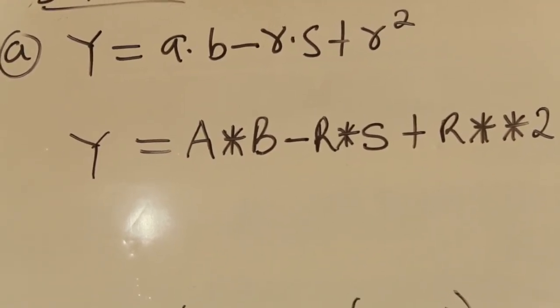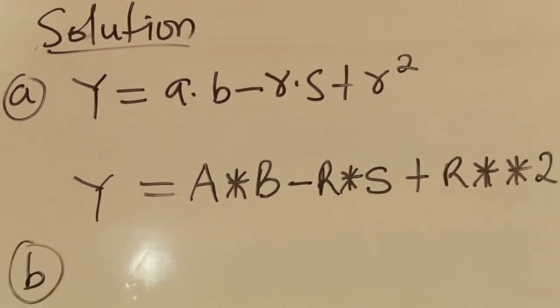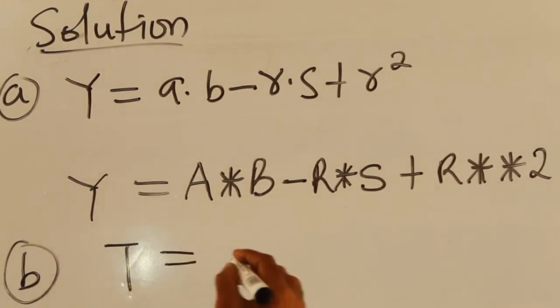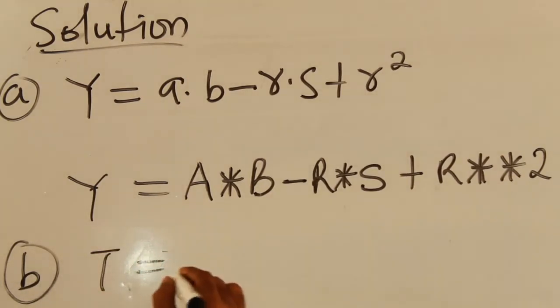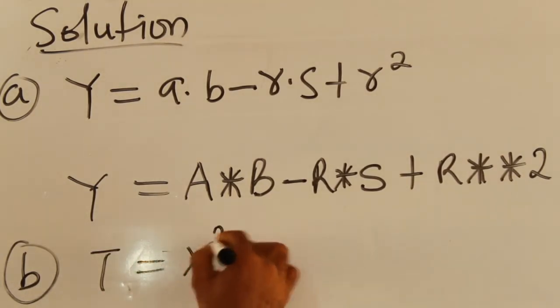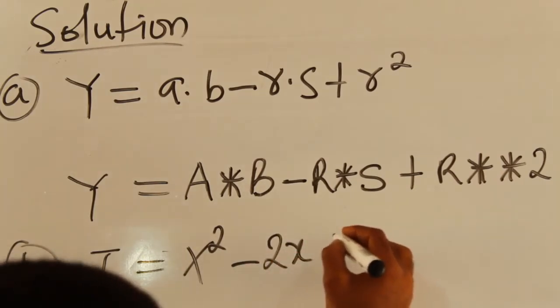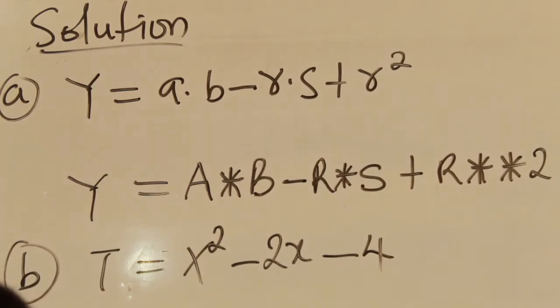Now let's look at the second one, B. B says t is equal to x squared minus 2x minus 4. Alright, that's what we have there.